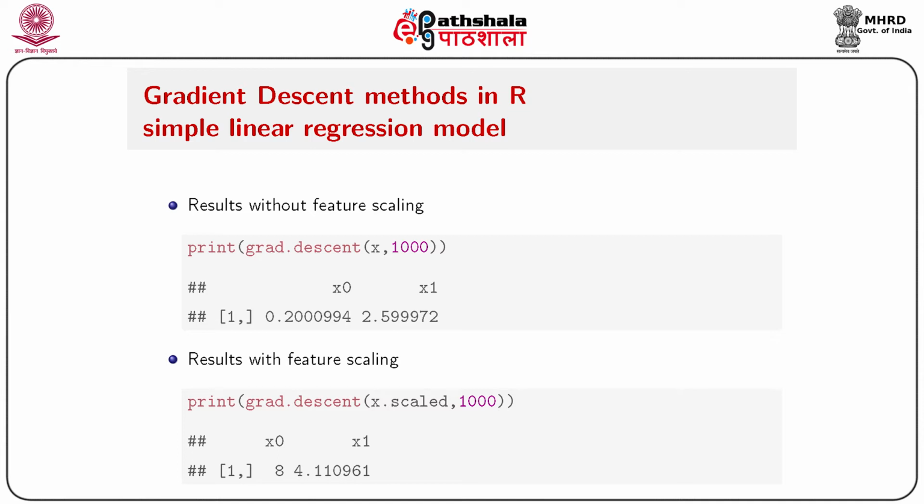Recall that it is 0.2 and 2.6, and for the scaled data 8 and 4.11. Here it is saying 0.2 and 2.59, which is approximately 2.6, and here also 8 for x0 and x1 is 4.11. So it is generating similar results, as it was supposed to.